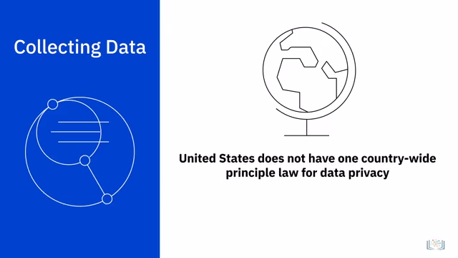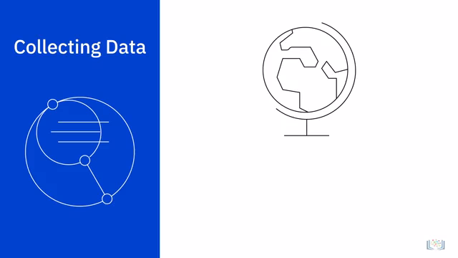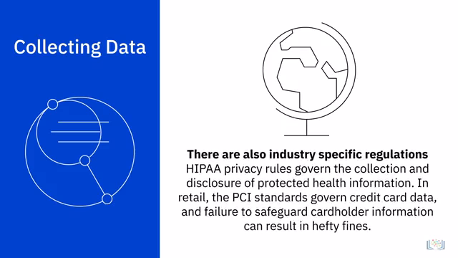While the United States does not have one country-wide principal law for data privacy, individual states began to make their own regulations. For instance, California created the California Consumer Privacy Act, or CCPA, to better protect customer data. There are also industry-specific regulations that govern the collection and use of sensitive and personal data.